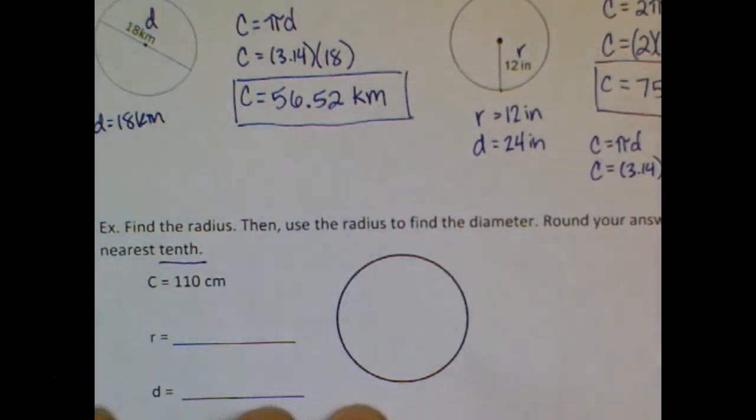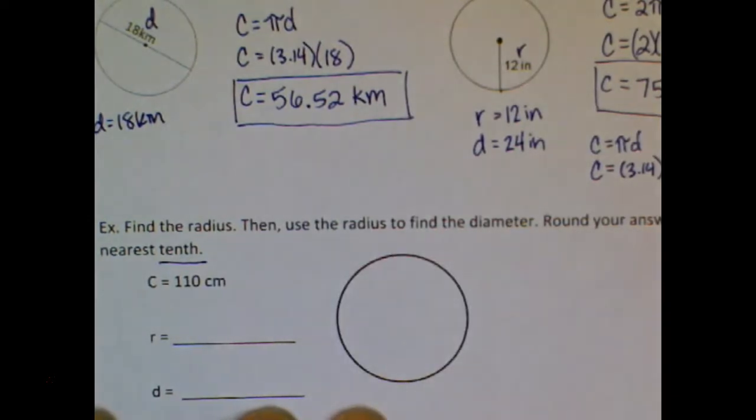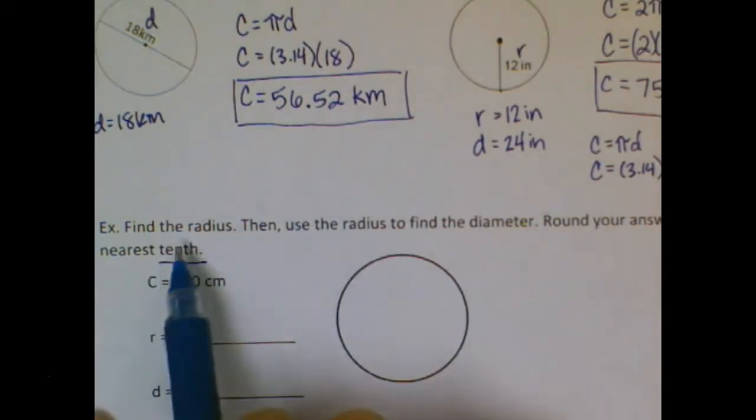All right. So it tells us here the information that we have: circumference is 110 centimeters. So step 1's done for us. C equals 110 centimeters, which means that to go all the way around the circle would be 110 centimeters. And it says that we are finding the radius.